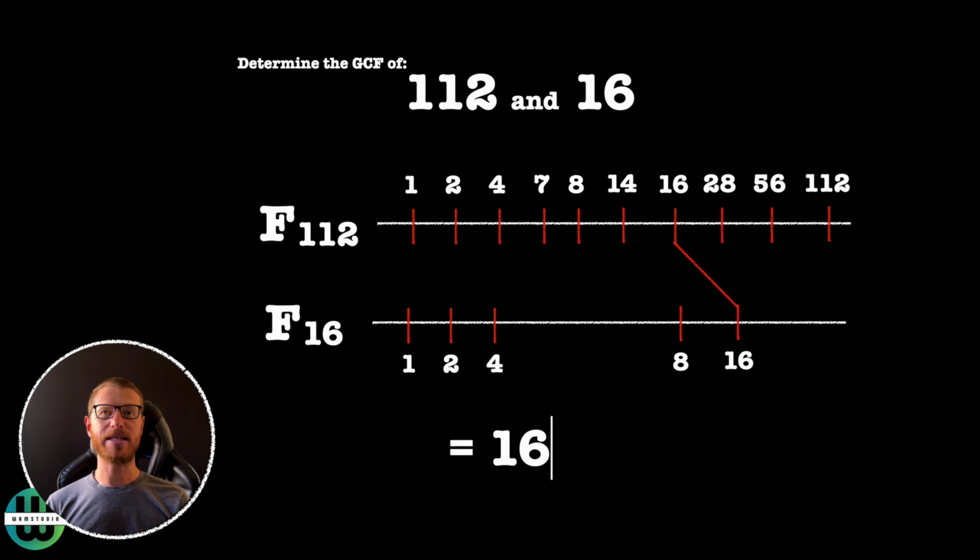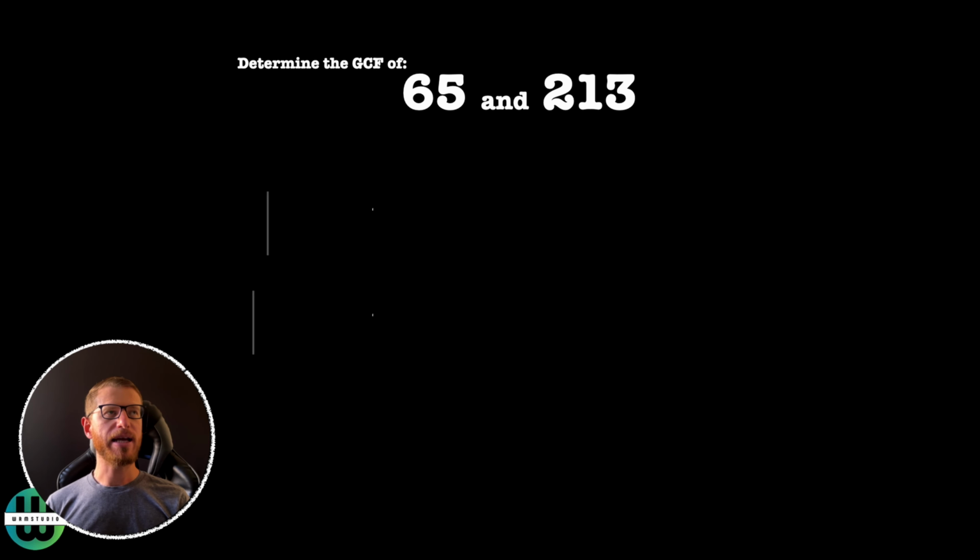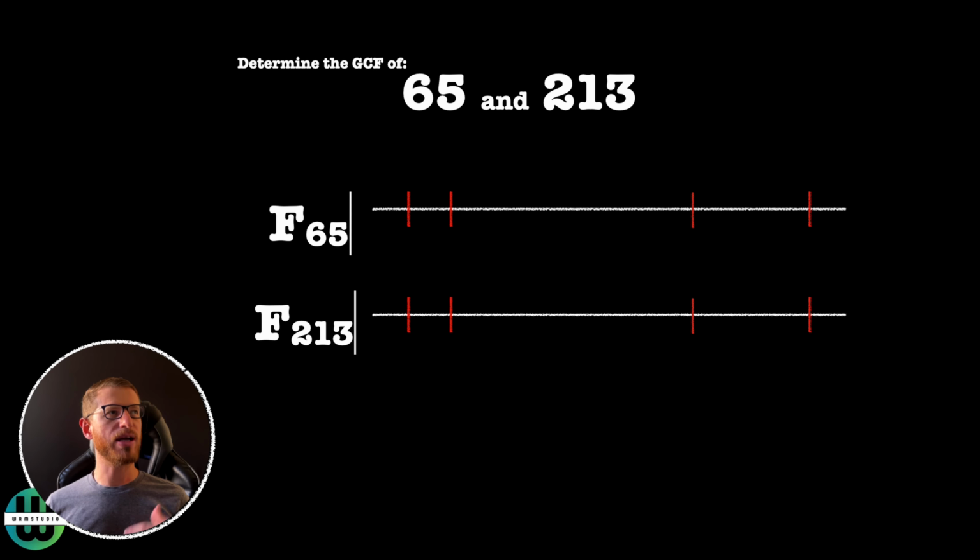Now let's determine the GCF, or the greatest common factor, of 65 and 213. Again, using my factor rules, I'm going to determine the factors of 65 and 213. The factors of 65 are 1, 65, 5, and 13.